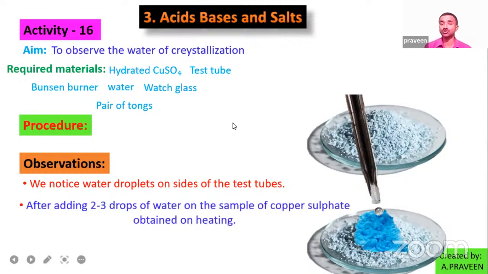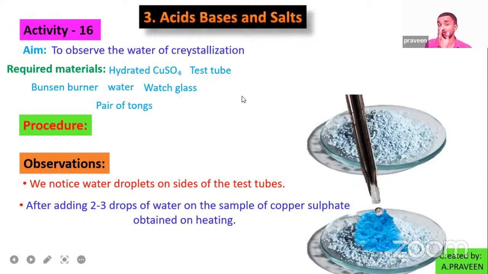After adding two or three droplets of water on the heated copper sulfate sample, it reappeared in blue color. So the reappearing of blue color is due to what? The addition of water. Due to adding those water droplets only, the blue color reappeared.